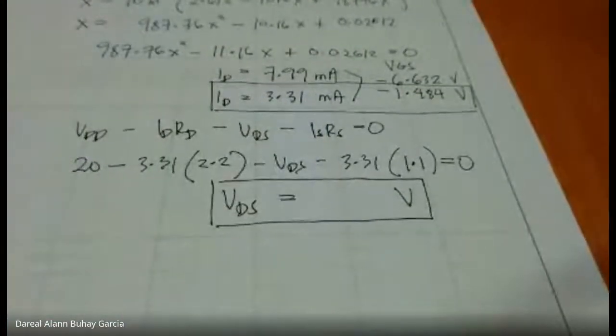So VDS is how many volts? About 9 volts, correct.